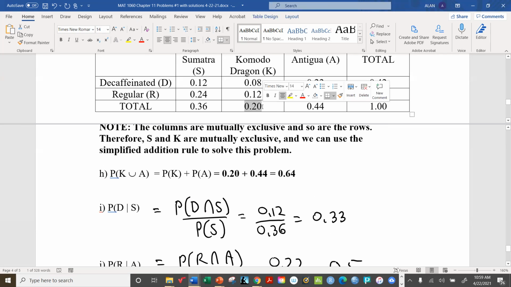K is here, A is here. You add them up, and there you go. 0.64. Again, we're using the simplified addition rule because the columns are all mutually exclusive of each other. And it's that easy.